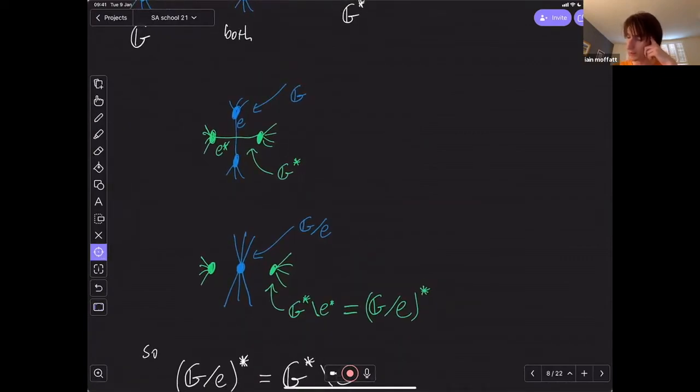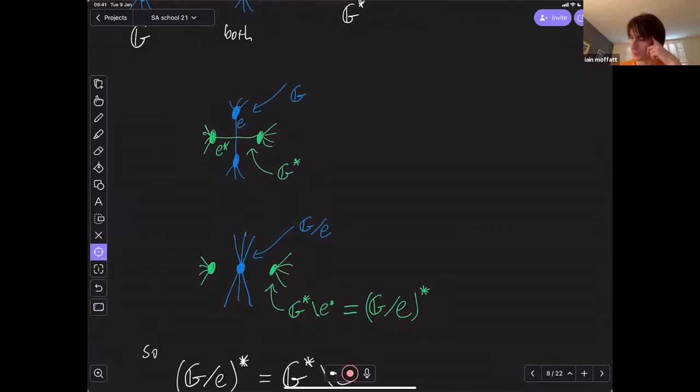And I can apply deletion and contraction to these. So this blue edge of the primal, I'm going to contract it. So these two points and this line are going to get identified. So I get this picture here. And for this green one, I'm going to delete it.